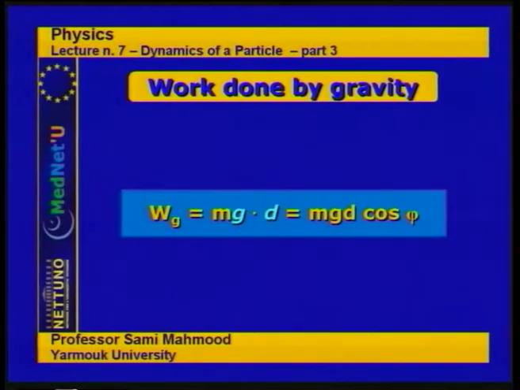And if we call the angle between the force and the displacement phi, then the work done by gravity is simply the mass of the object times the gravitational acceleration, times the magnitude of its displacement, times the cosine of the angle between the gravitational force, which is downward, and the displacement of the object, to be decided later, whether the object is going up, going down, going sideways, and so on.